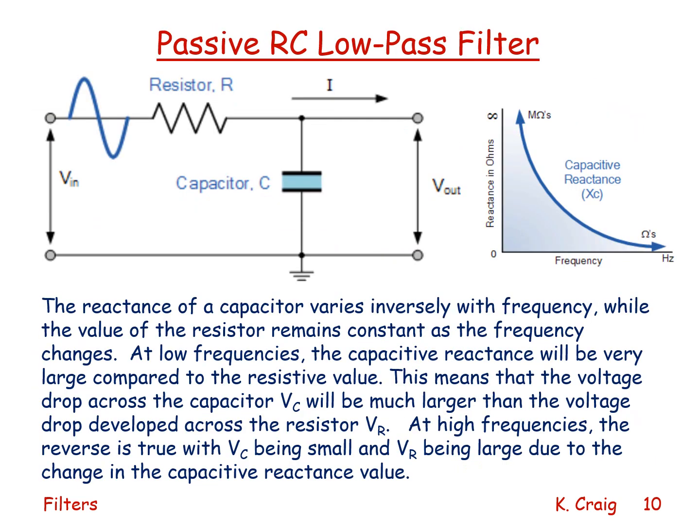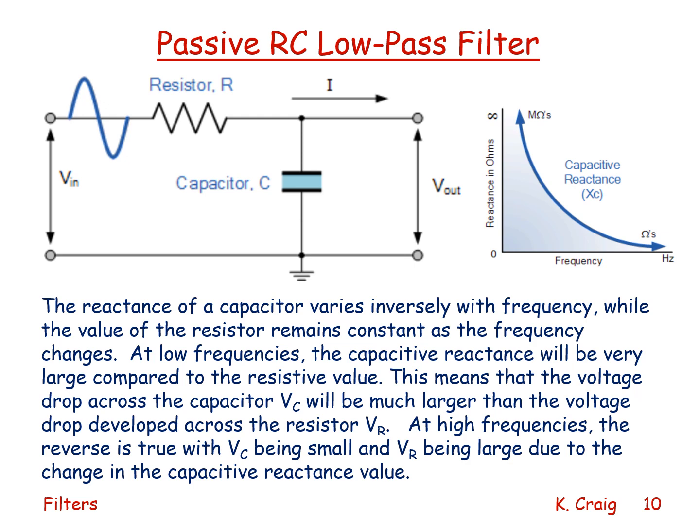Here is a passive RC low-pass filter. It consists of a resistor and a capacitor, and we know that the behavior of the capacitive reactance is that at low frequency, it approaches infinity, and at high frequency, it approaches 0. The reactance of a capacitor varies inversely with frequency, while the value of the resistor remains constant as the frequency changes.